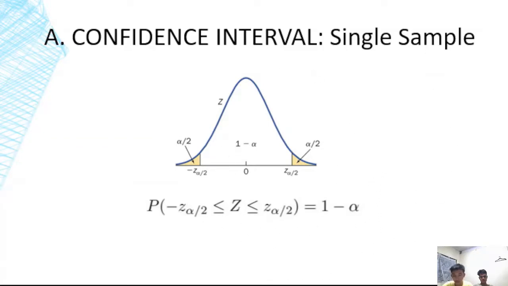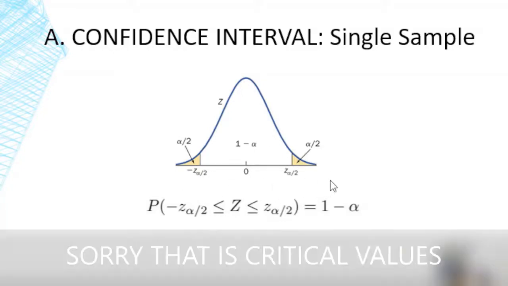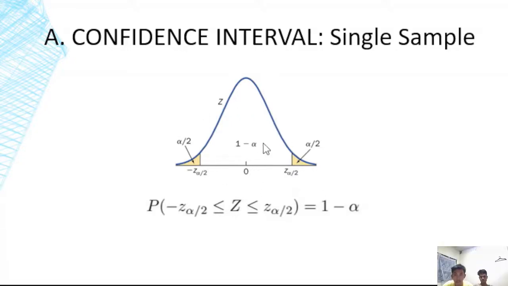Here is how we set up the error and confidence level. The alpha over 2 represents the area of the shaded region, and between negative z sub alpha over 2 and positive z sub alpha over 2, the middle part represents the confidence level, or 1 minus alpha.